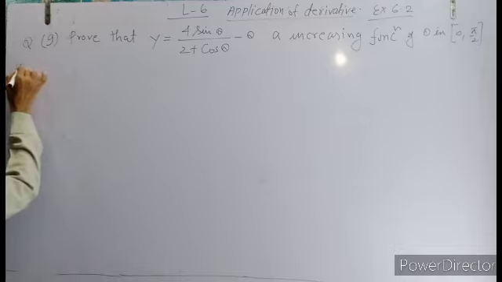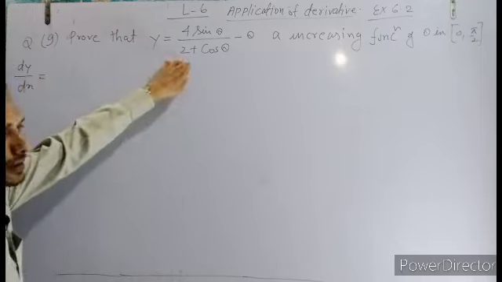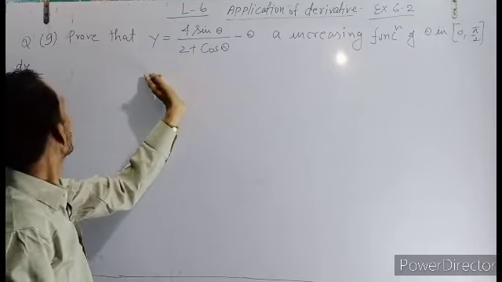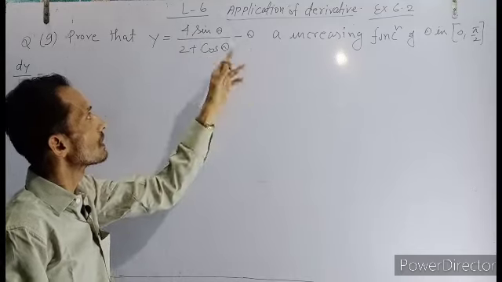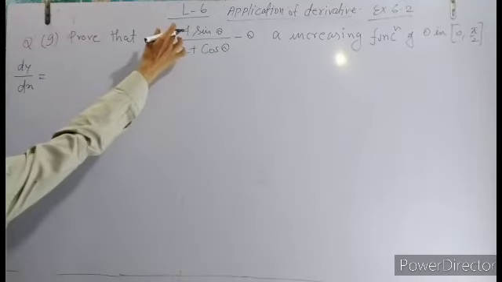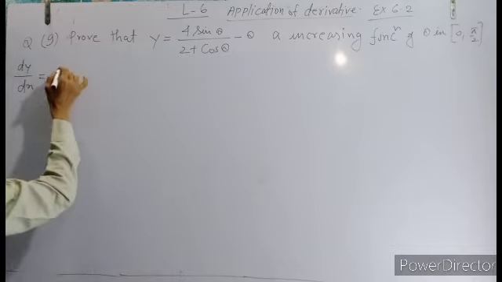First, dy by dx. This term is one function and this is another, so we have to differentiate these two terms separately. The first comes by the quotient rule.